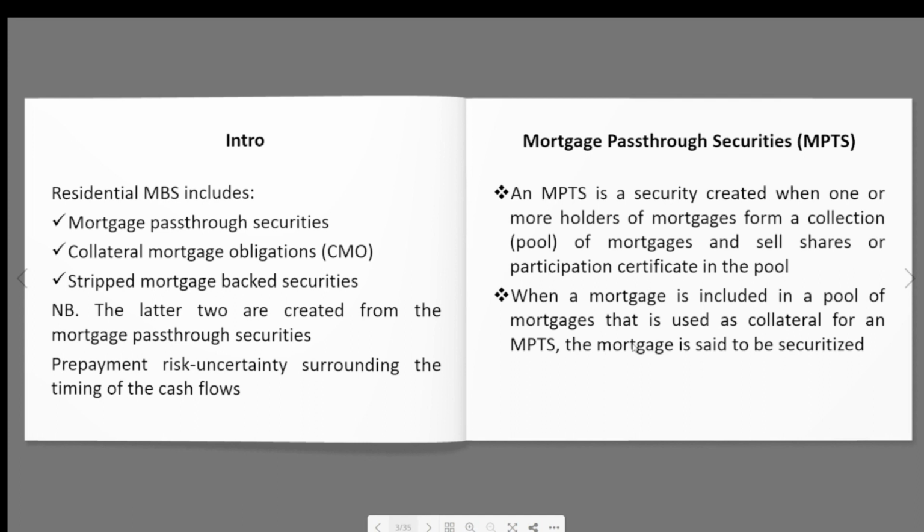When a mortgage is included in a pool of mortgages that is used as collateral for an MPTS, the mortgage is said to be securitized.